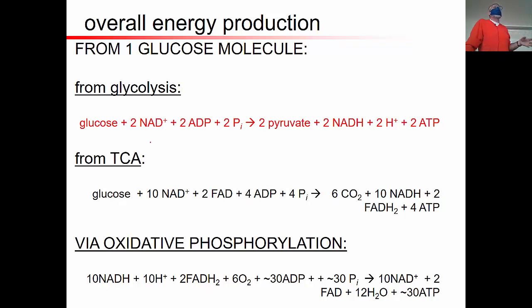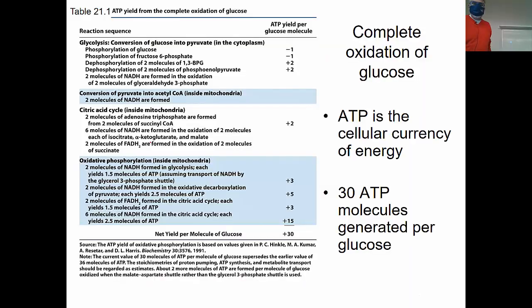It fluctuates a little bit based on a number of factors, but we can anticipate we would get at least 30 ATP out of it. This is from this textbook, and it just shows us the breakdown of where the ATP comes from. So a good study guide for you.